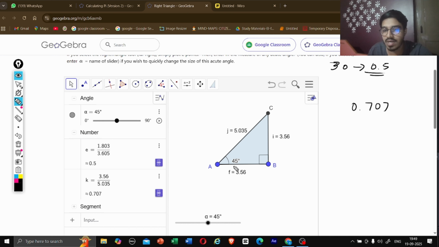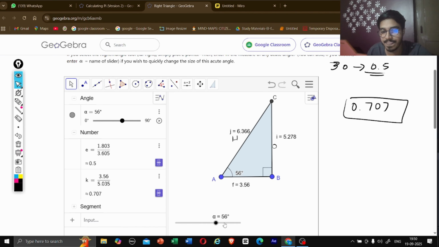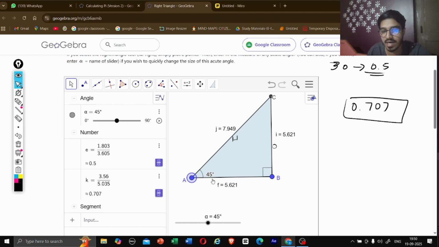When I took the angle as 30 degrees, that is A as 30 degrees, I was always getting 0.5. Now I took a different angle, A as 45 degrees. This is 90 and this will also become 45. So now I am taking A as 45, opposite by hypotenuse, and I am getting 0.707. Now I'll keep the same angle, but I'll take a different length, a little bit bigger triangle.